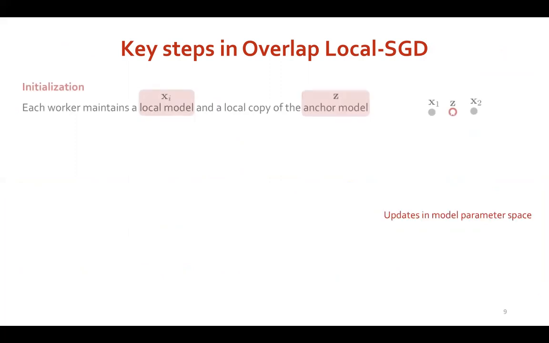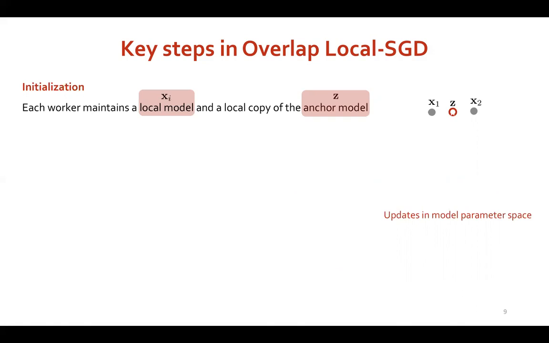We start off by initializing each worker with a model version, which is denoted by xi. This is just a copy of the model that is stored at the ith worker. In addition to this model version, each worker also stores z, which is an anchor model. This anchor model is common across all the workers and is stored at each worker.